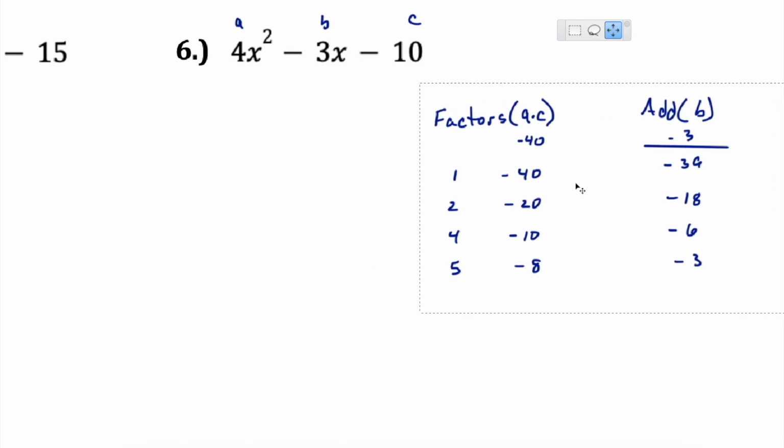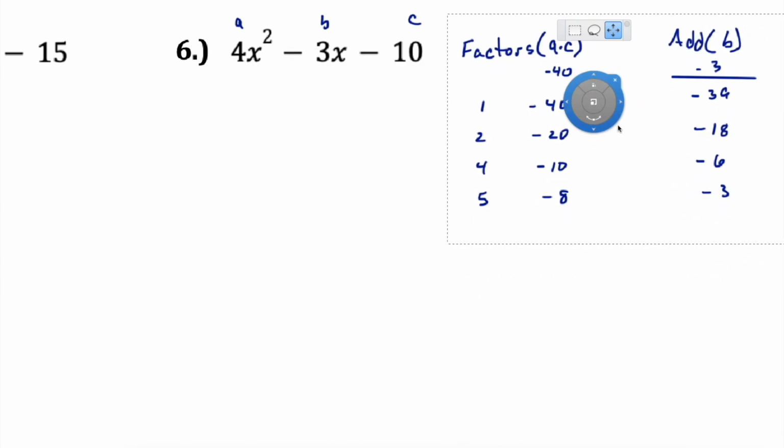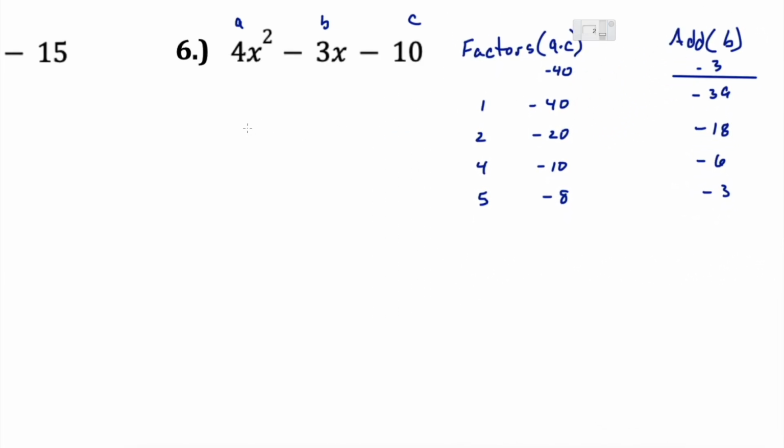How about I'll put this over here on the right so we can have more space here. So now what I'm going to do is rewrite, let's do it in red, the trinomial. But instead of saying negative 3x, I'm going to break it up into plus 5x minus 8x.